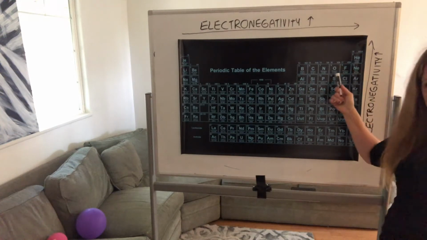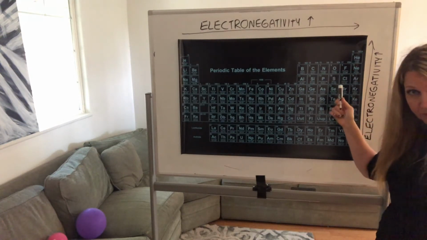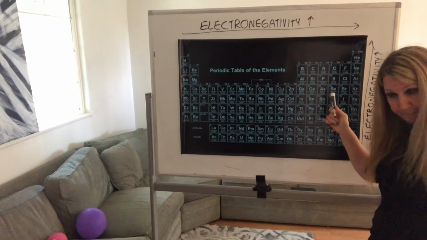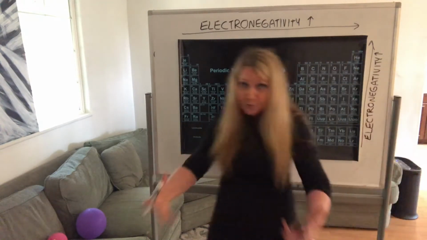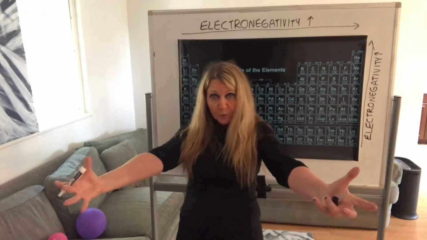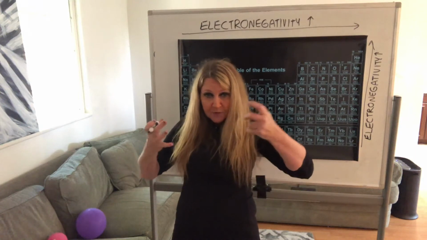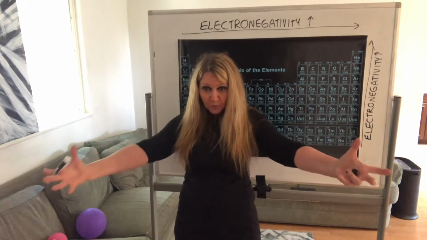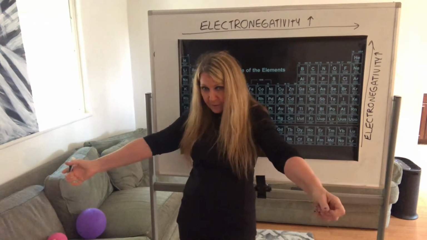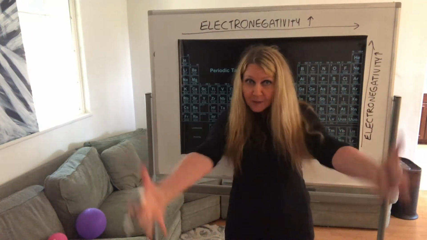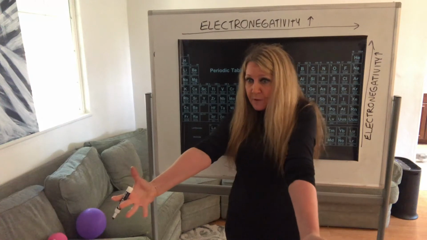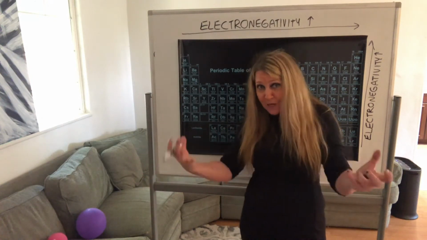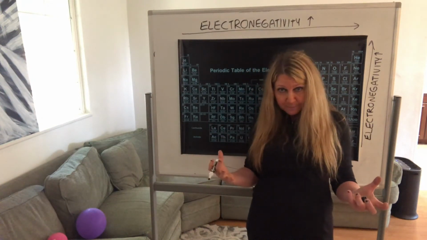Like oxygen is up here. Very, very electronegative atom. It wants all those electrons to itself. It's like selfish. And this leads to some characteristics of water. Remember, water is H2O. So really, electronegativity means the atom's ability to attract and hold electrons to itself.